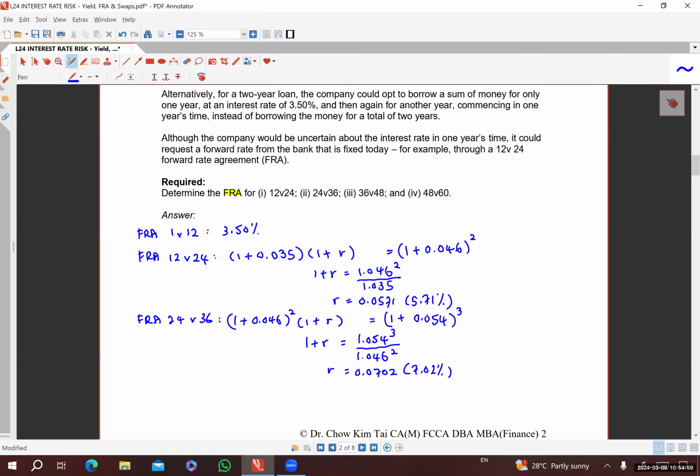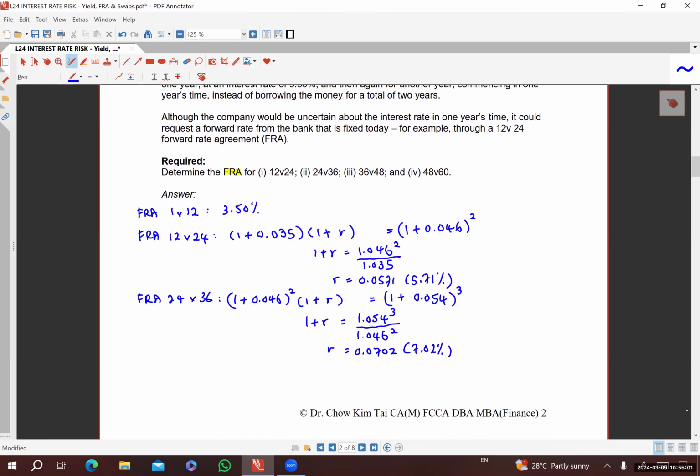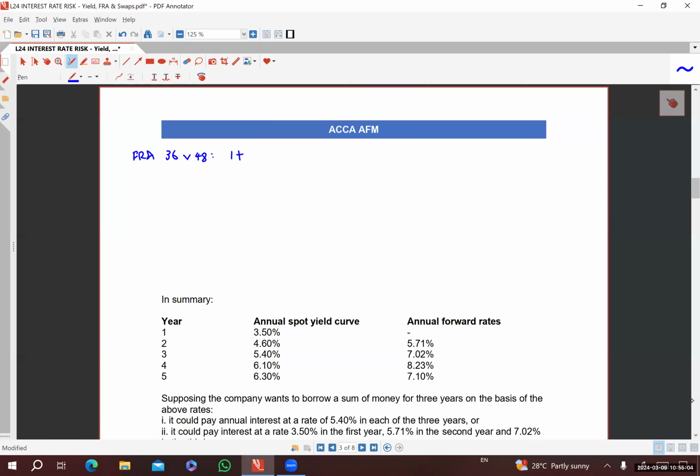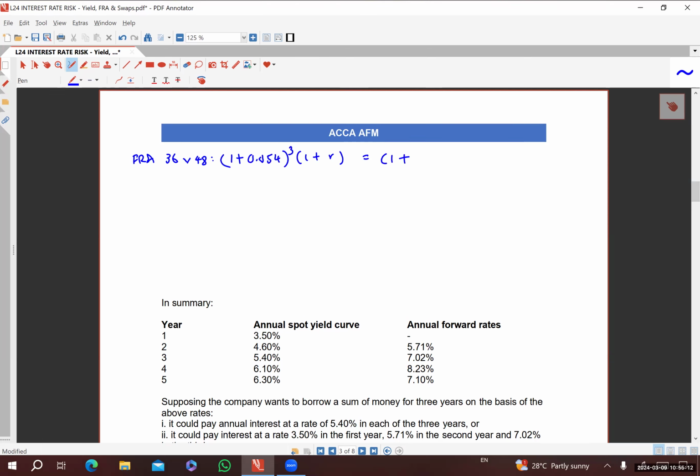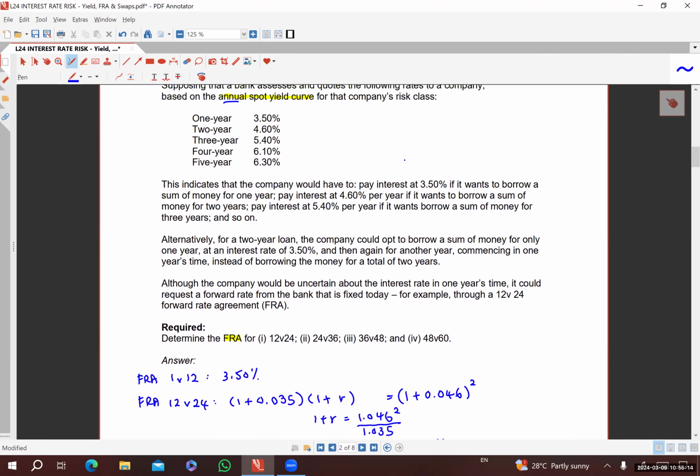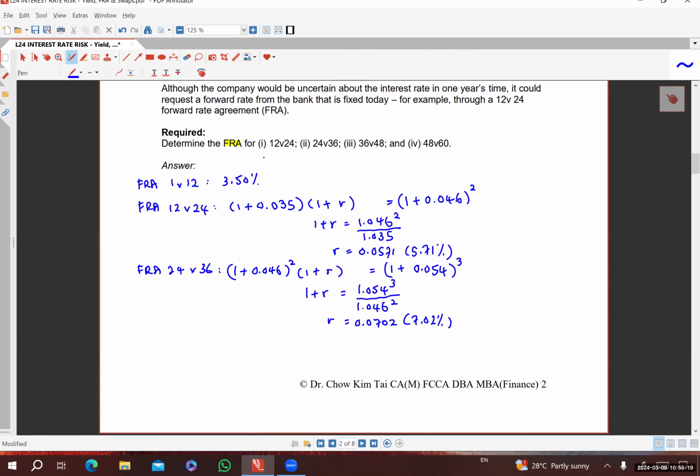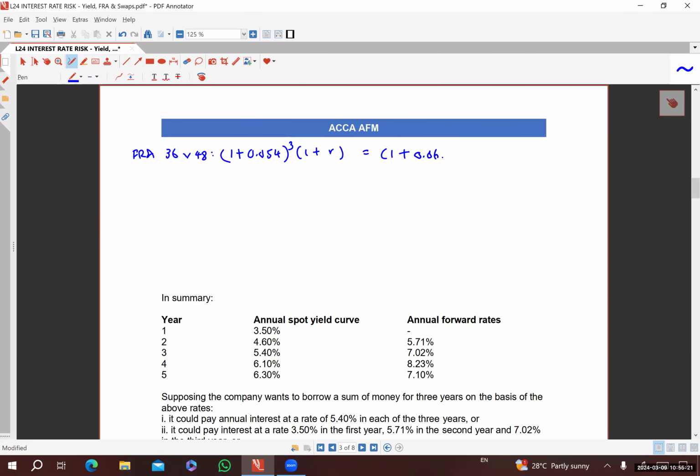If I invest in a 3-year bond, interest rate is 5.4% per annum to the power of 3, then reinvest in the 4th year. That should be the same as if I invest in the 4-year bond directly at interest rate 6.1% per annum, power of 4, yeah?